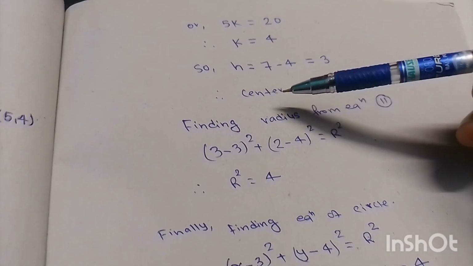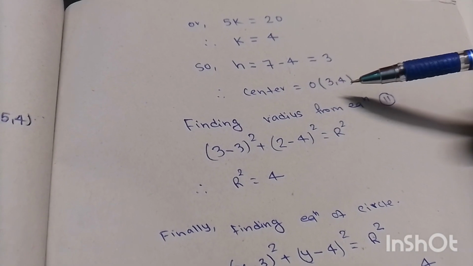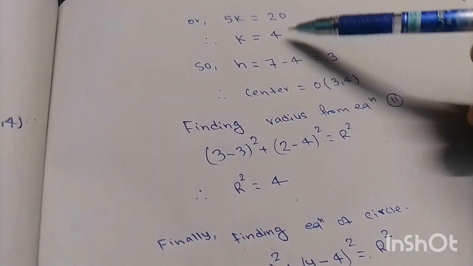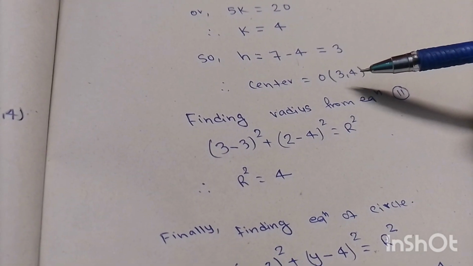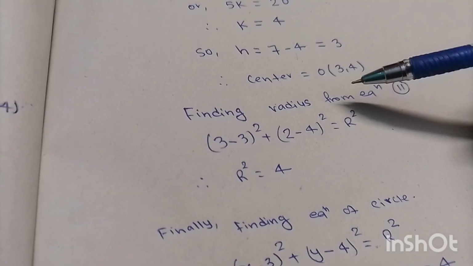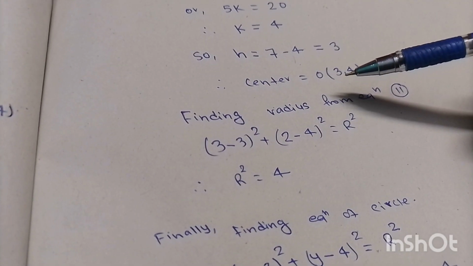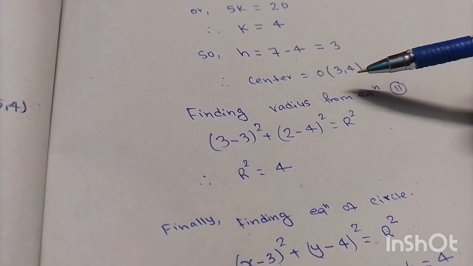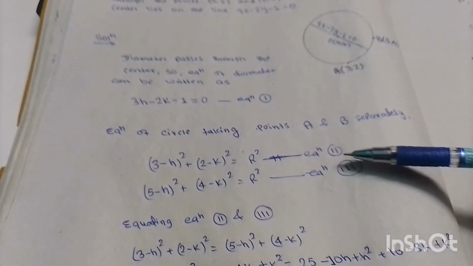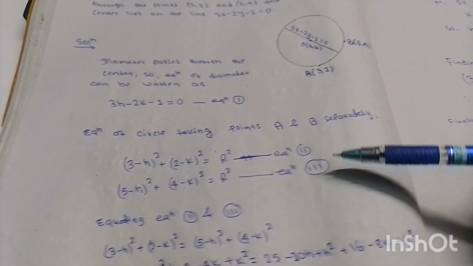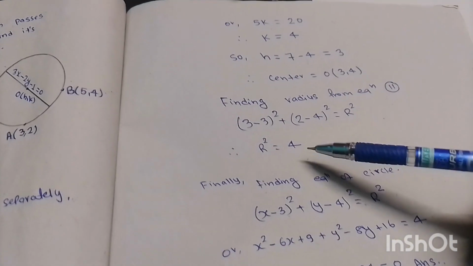So finally we got the coordinates of the center of the circle, that is h comma k, that is 3 comma 4. Now, for the radius, we just put the values of h and k in either equation 2 or equation 3, and we can easily get the value of the radius or r square.